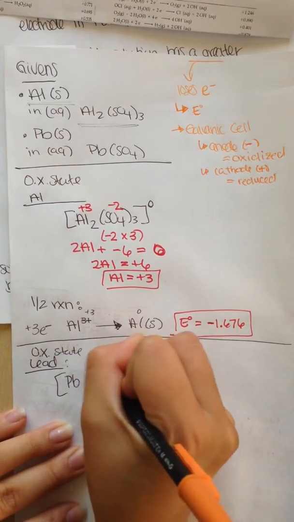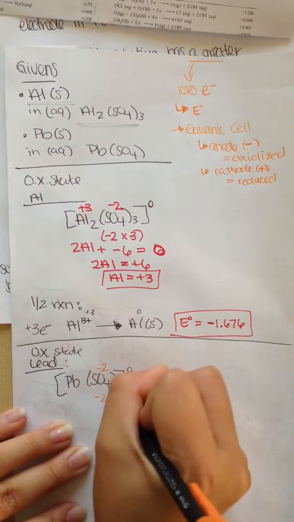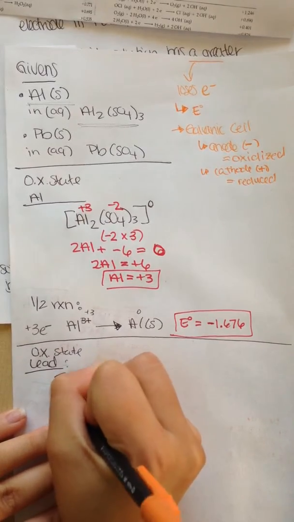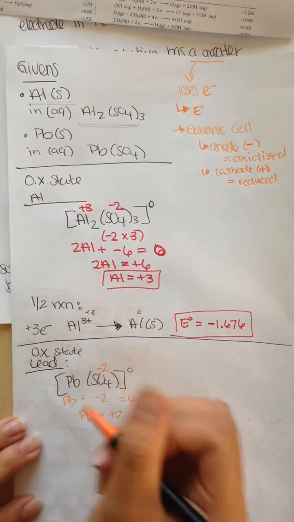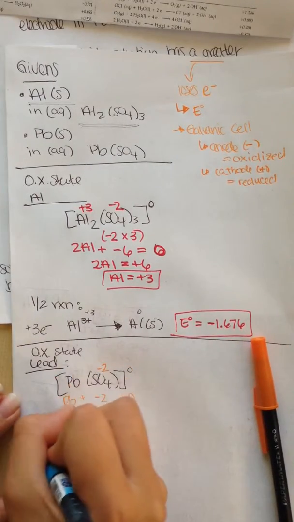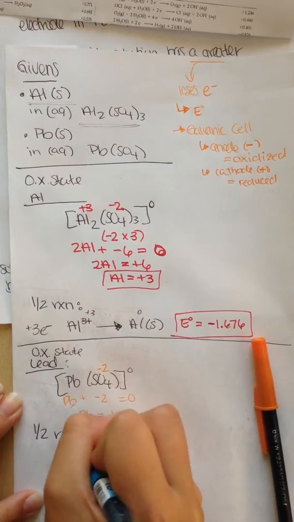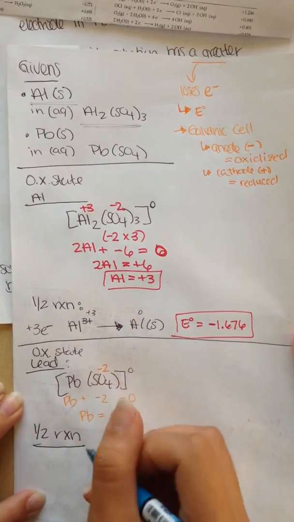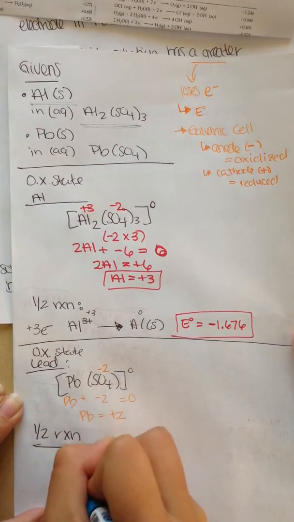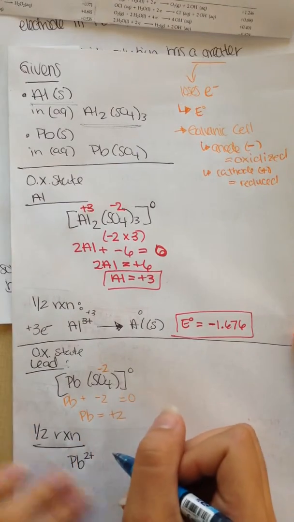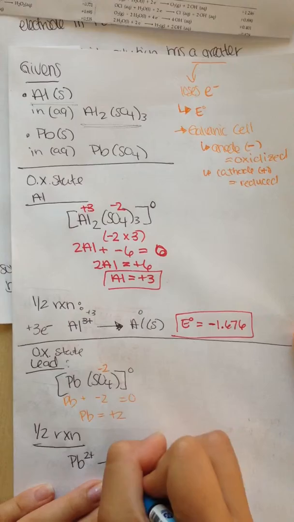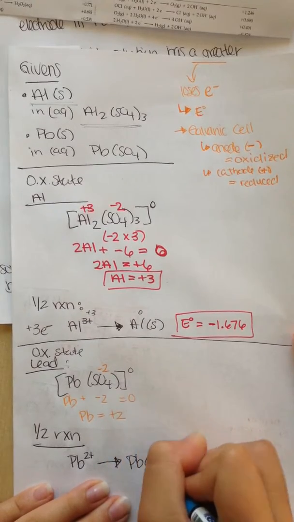So this is -2, and there's only 1, so -2 is equal to 0 plus Pb. So Pb has a +2 charge. Now for the half reaction. It's Pb 2 plus, again in reduction, going to Pb solid.